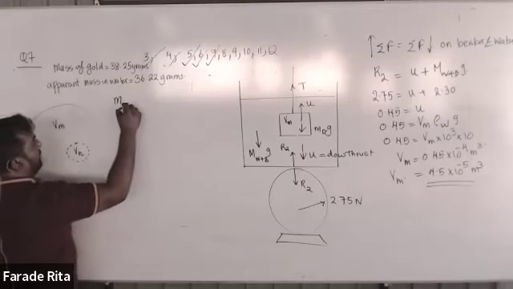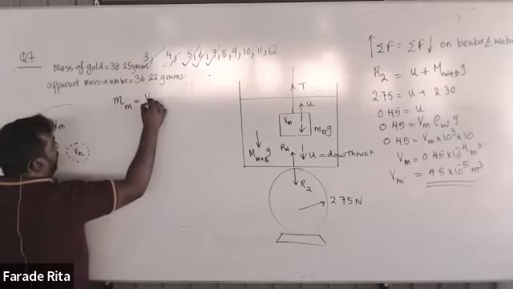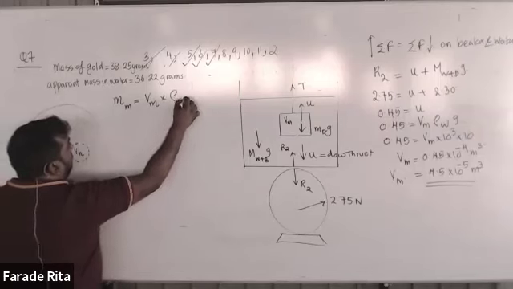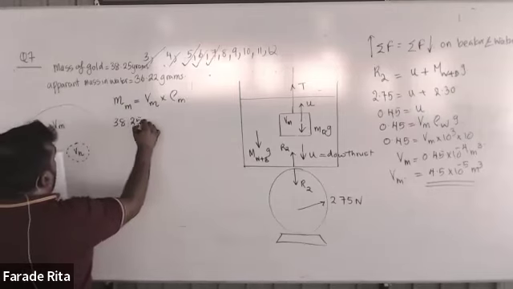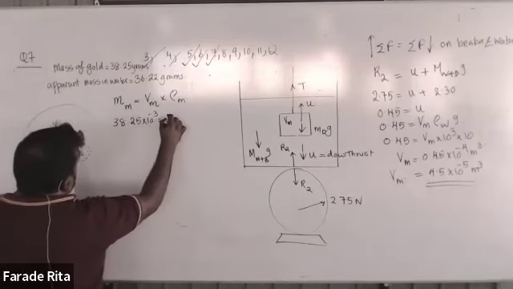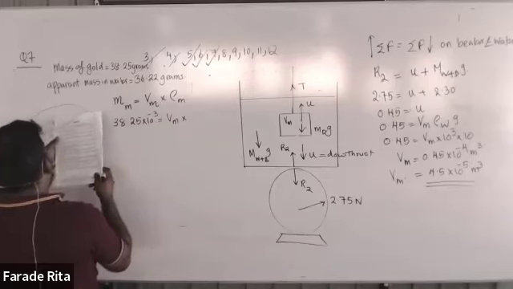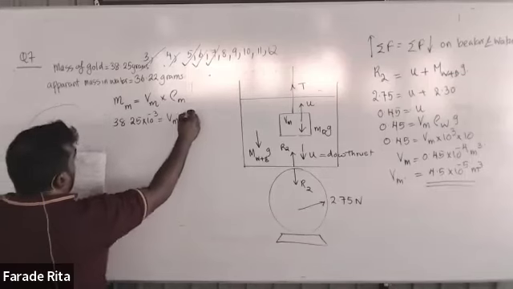So mass of the metal is volume of the metal into density of the metal. Mass of the metal is 38.25 grams. Convert to kilograms. Density of the metal, you can do this in the same units, but I'll use SI units.